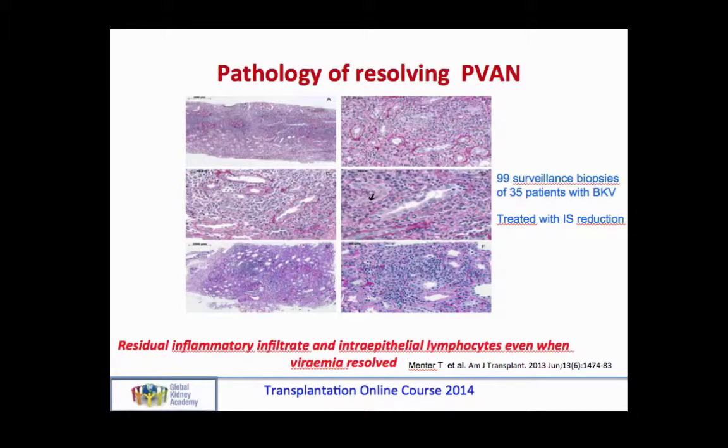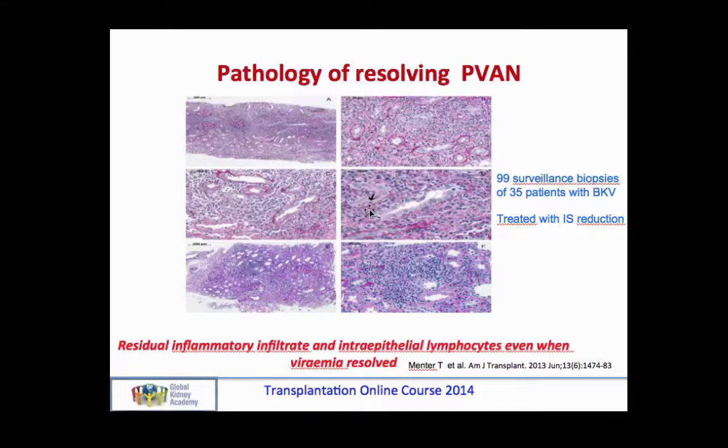So what you've got here, you can't really see very clearly, but in panels A and B, you can see inclusion bodies. Panel C, you've got an interstitial infiltrate with plasma cells.